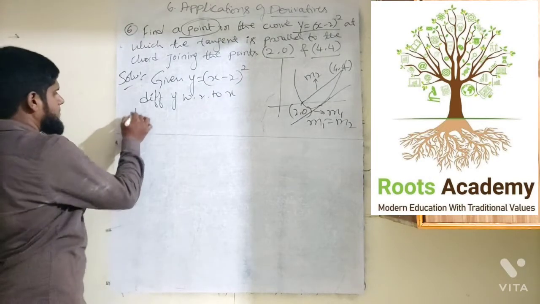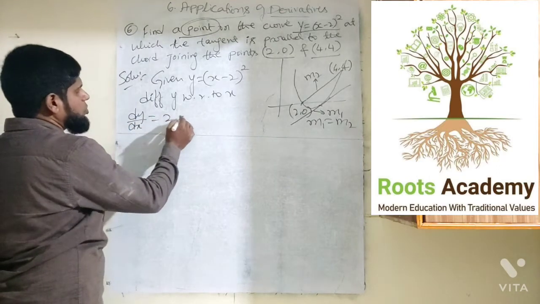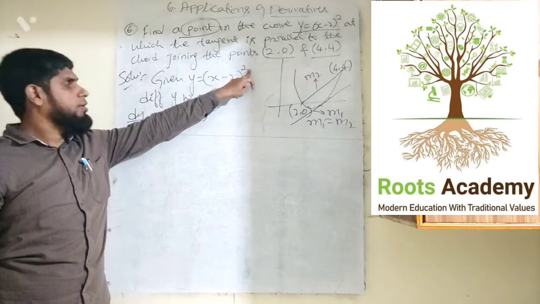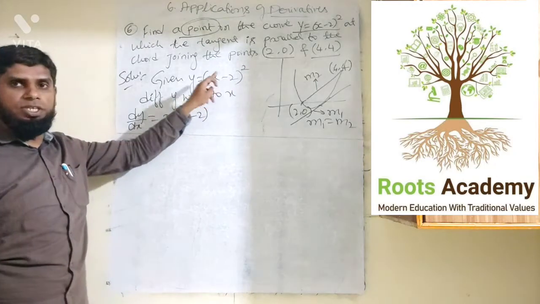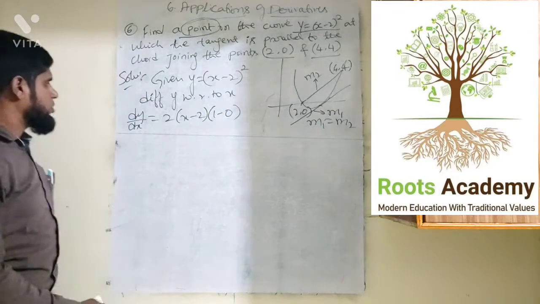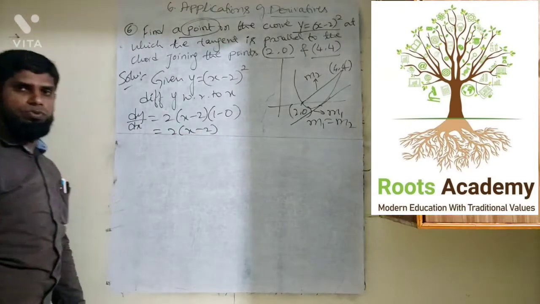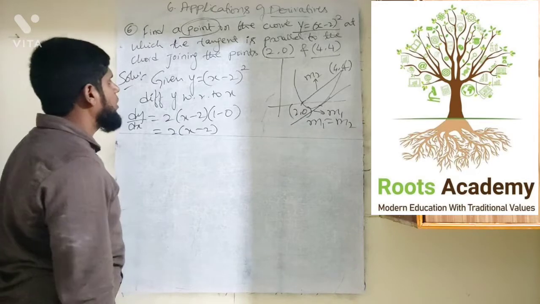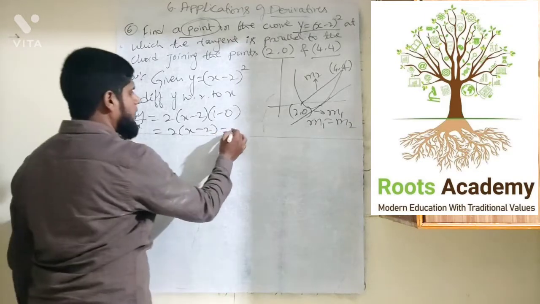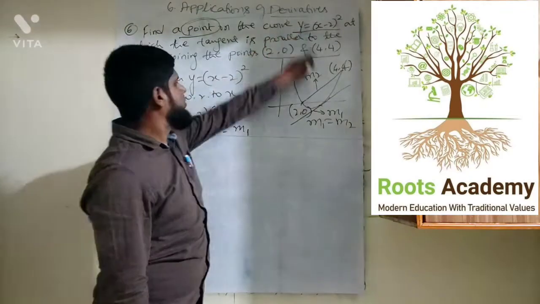What will I get? dy by dx is equal to 2 into (x minus 2) times the derivative of x minus 2. Inside the square there is a linear expression, so its derivative is 1 minus 0. So finally my dy by dx is 2 times (x minus 2). So this is our dy by dx, and I will consider it m1, the slope of the tangent.